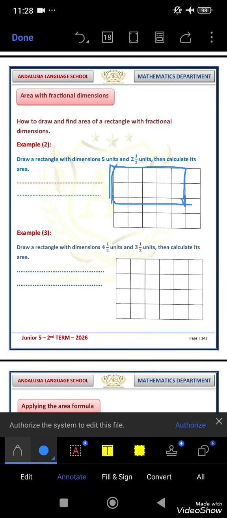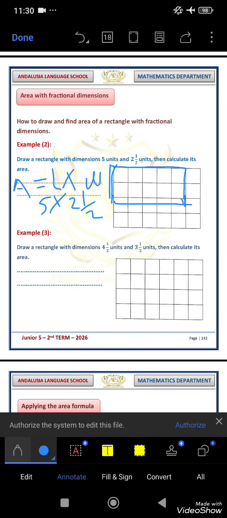Okay, let's find the area. Area equals, first write the rule, length times width. So 5 times 2.5. How will you make 5 times 2.5? First, change the mixed number to an improper fraction.